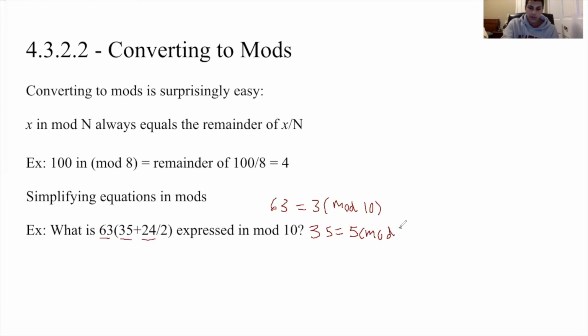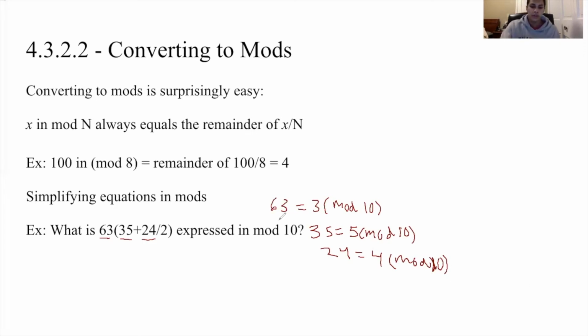So 35 is 5 in mod 10. And then lastly, 24 is going to be equal to 4 in mod 10, because when you divide 24 by 10, you get 4 as your remainder. And again, this concept is surprisingly simple. Mods can get a little bit more complicated in the future, but just simplifying numbers into mods is actually not that difficult. All you have to do is find that remainder.